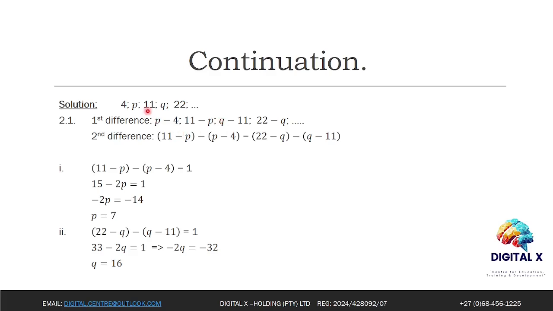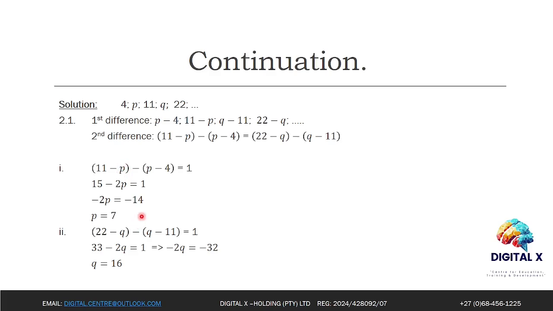And to find the second difference, we are going to do the exact same thing. We're going to subtract P minus 4 from 11 minus P, and what we get is that. But keep in mind, we are told that they have a constant second difference of 1. So we're going to equate this to 1 to determine the value of P. We work this out, and ultimately we have that.